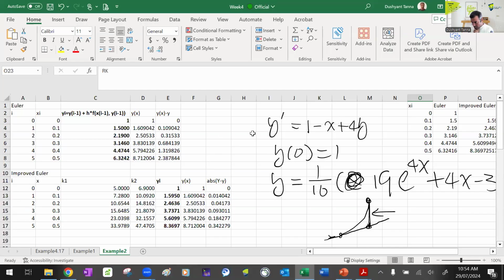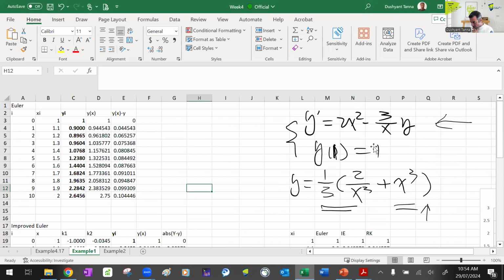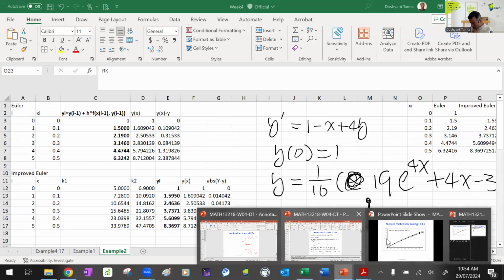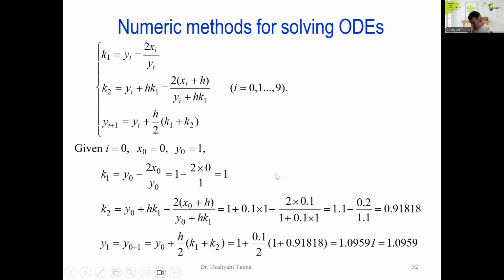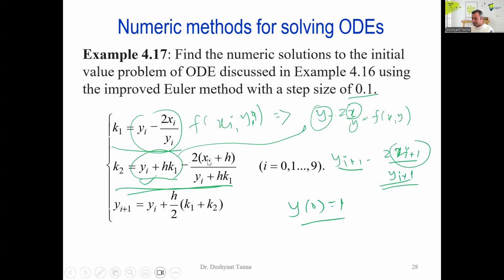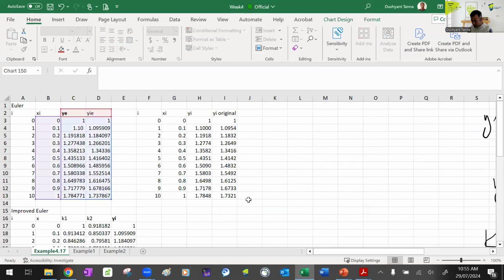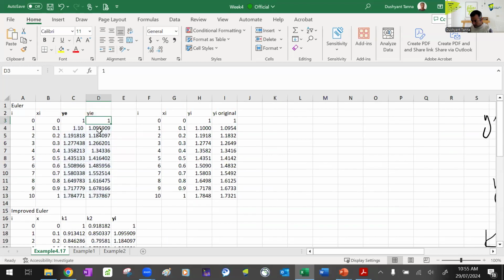Okay, so this was our example 1. It's the square root, the original one that we got here. 0.95418322649, 1.3416 and all that, 4142, 4832, just verifying.